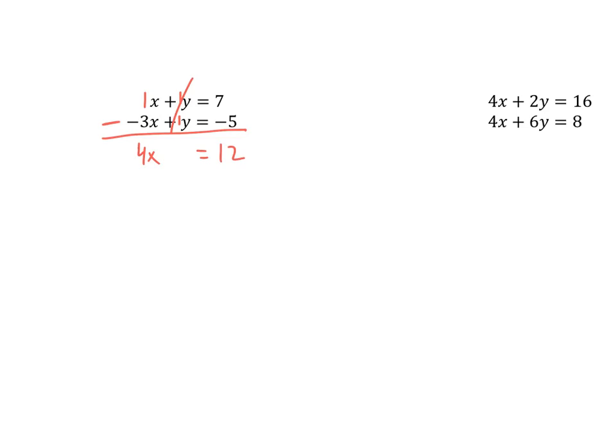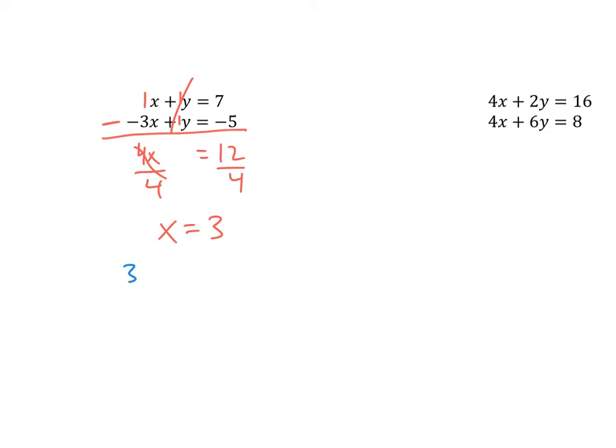Okay, and then we'll solve for x by dividing by 4 on both sides, and then x is equal to 3. Then we can take our x and substitute that back into our equation to solve for y. Let's substitute that back into our first equation.